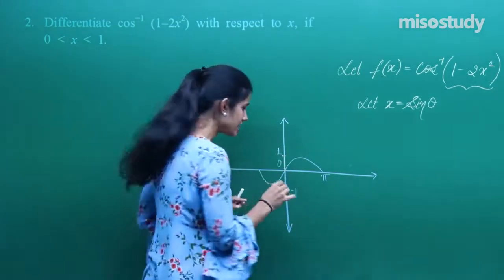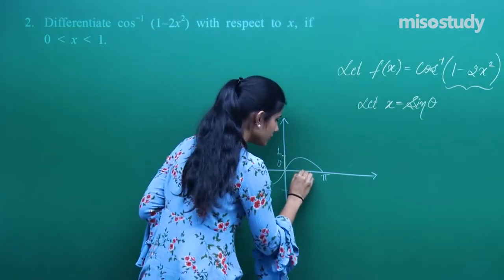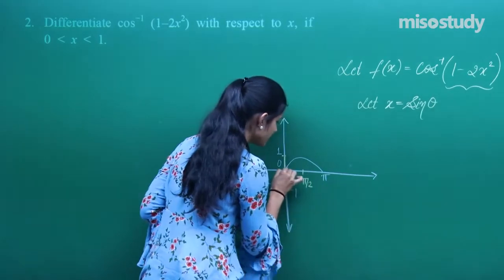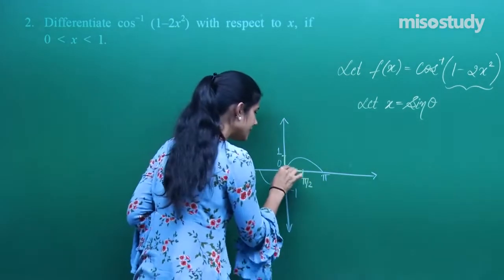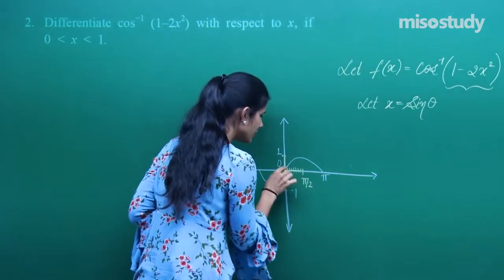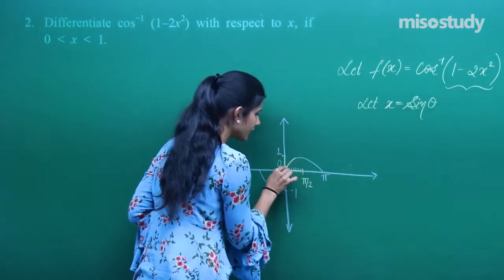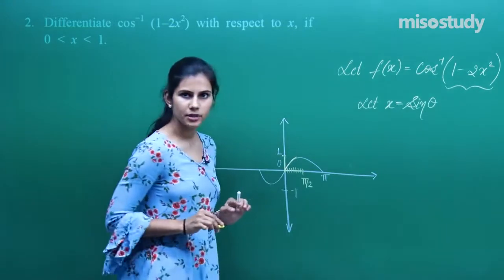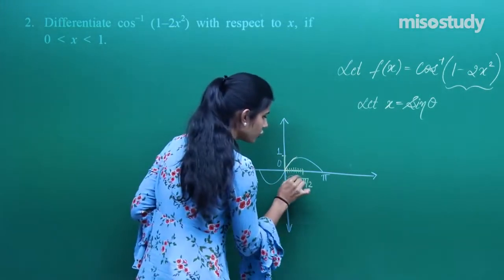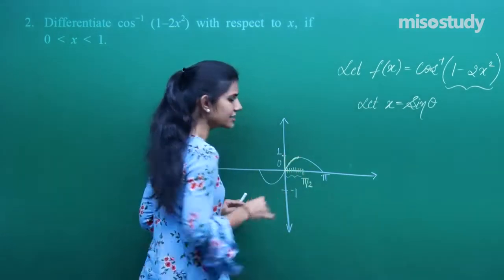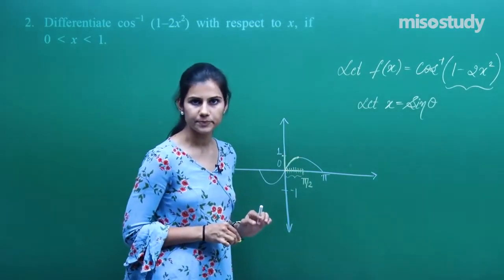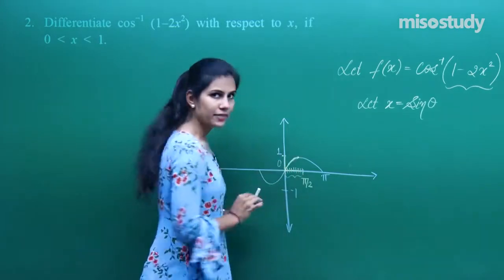You can see that corresponding to theta varying from 0 to pi by 2, the sine function is strictly increasing. Corresponding to this section of the domain, the sine function is strictly increasing. That means it is one-one as well as onto, right? You can see this by the graph.